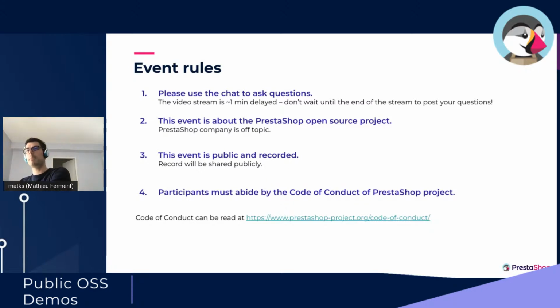There's also a PrestaShop company, but the PrestaShop company is off topic for today. This event is public and recorded, obviously, because you're watching this live on YouTube, and you will be able to watch the record later or show it to people if they want to. We will also publish an article with a summary and the time slots to join immediately. So if later you want to watch a part again, it will be easy for you.